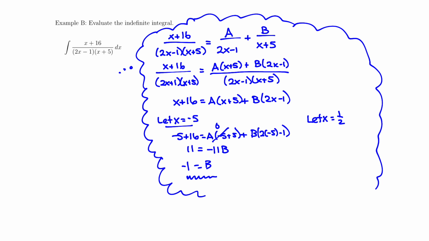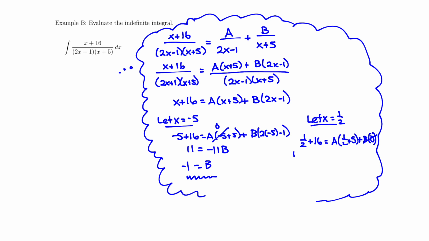Oh, this x equals 1/2 is a little trickier. So 1/2 plus 16 equals A times 1/2 plus 5 plus B times 2 times 1/2 minus 1. So that's 0.